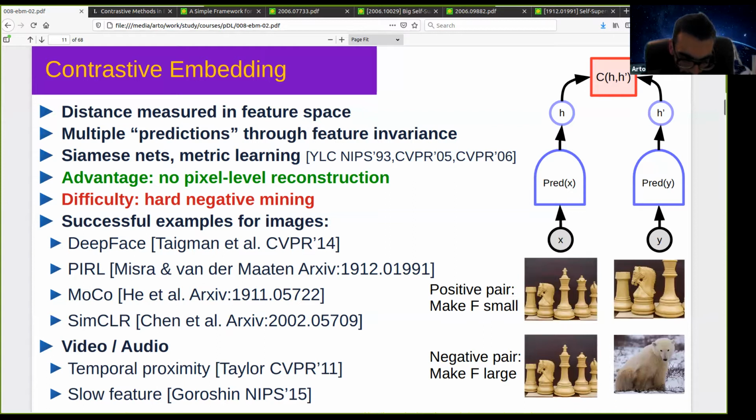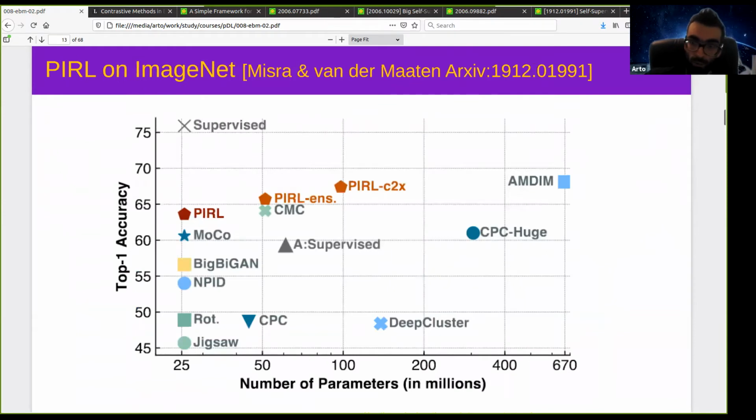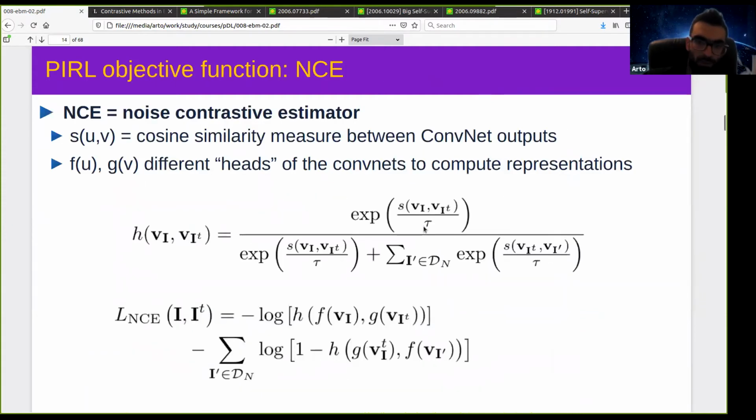But the results were not so good compared to PIRL, which is the next one. And PIRL used this noise contrastive estimator criterion, and I think it wasn't introduced here, they just used it successfully to train this kind of models.